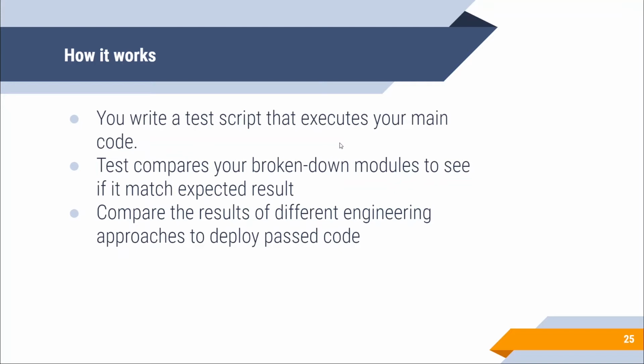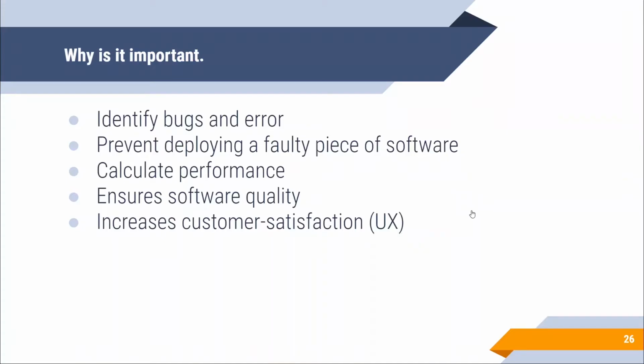So it's external. It's different from your software to be deployed. Basically, the test compares your broken down module to see if it matches the expected result, and it compares the result of different engineering approaches to deploy the passed code. Basically, your code needs to pass before moving on to the next stage.